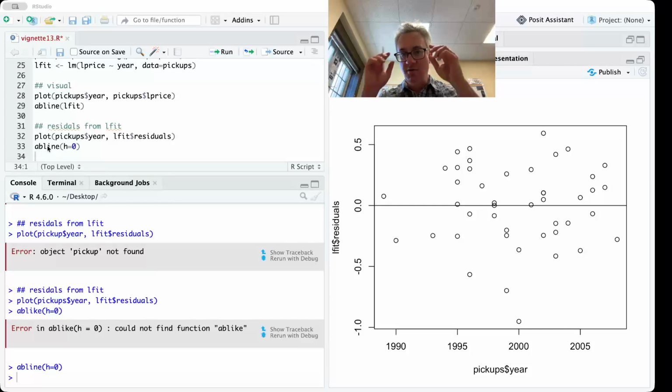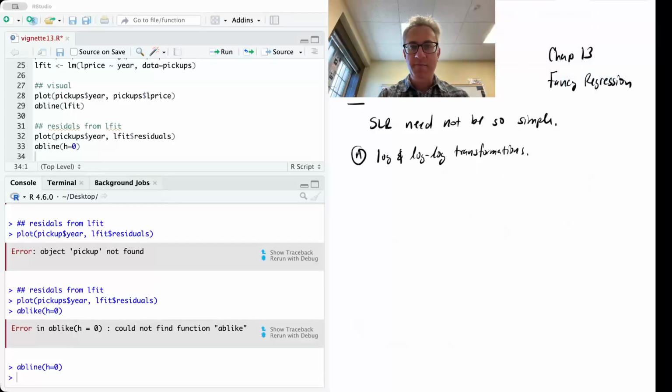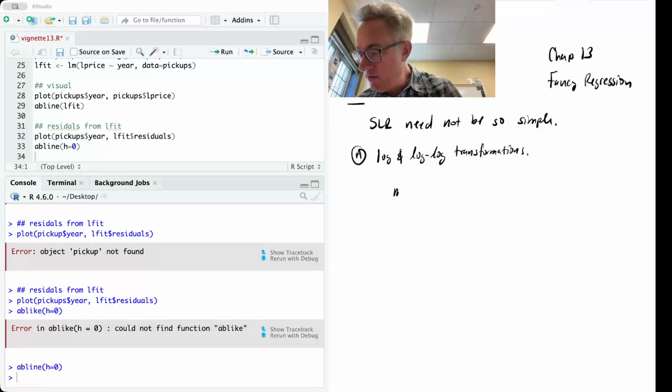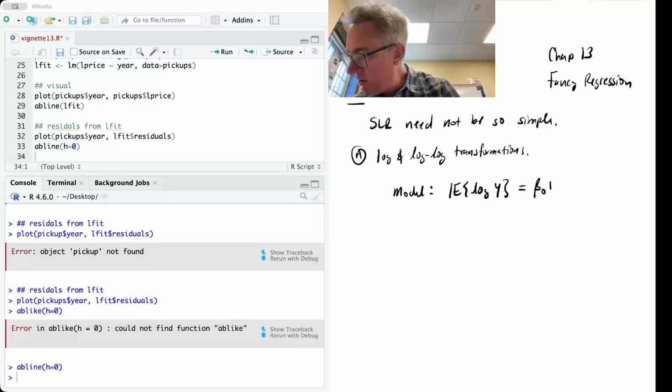Okay, so we are fitting a nonlinear model. We are looking at a model that models the logarithm of y with a linear equation.